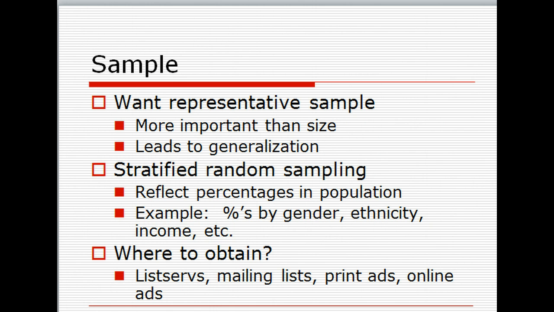The important thing with any survey is you want a representative sample. Sometimes that's even more important than the size, because you have to be able to generalize. For example, if we wanted to do a survey of Winthrop students, we'd want to make sure we have two-thirds females and one-third males to represent the student body.